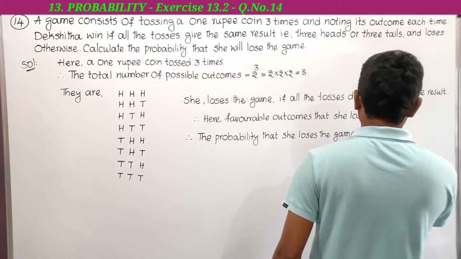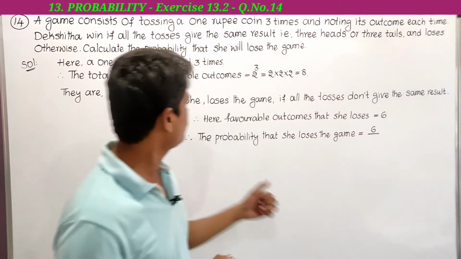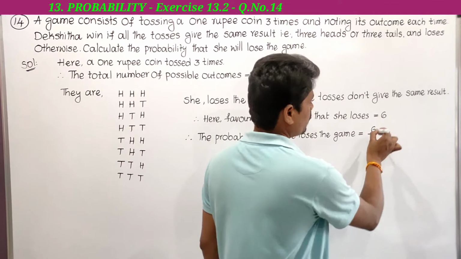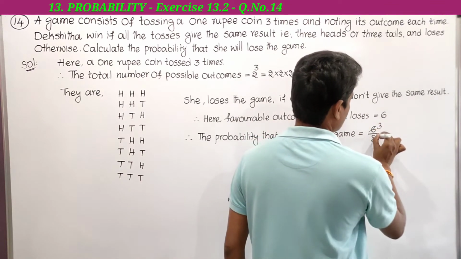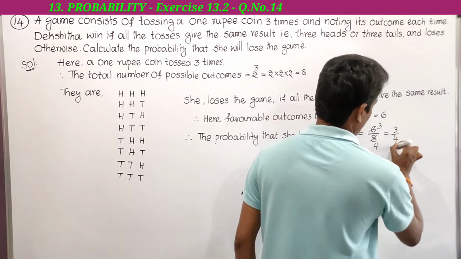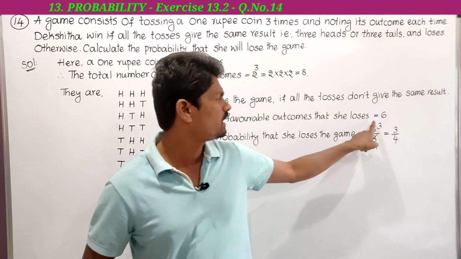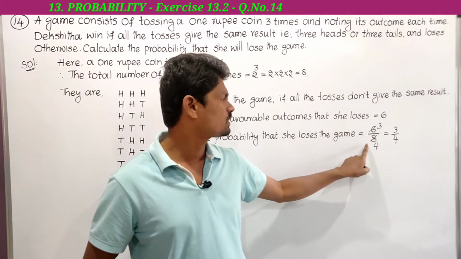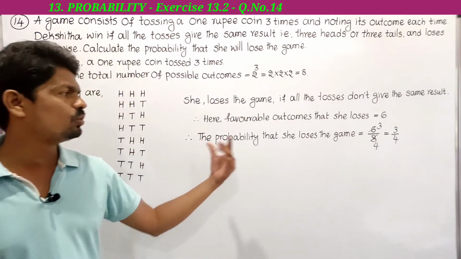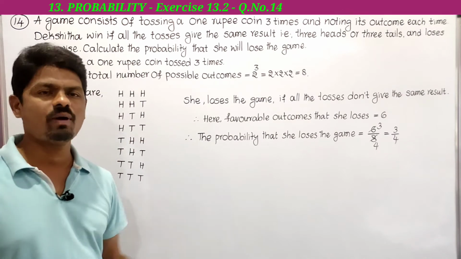Here favorable outcomes are 6, total number of possible outcomes are 8. So 6 by 8. If we cancel by 2, 2 3s are 6, 2 4s are 8. It is 3 by 4. Therefore the probability that she loses the game is equal to 3 by 4.